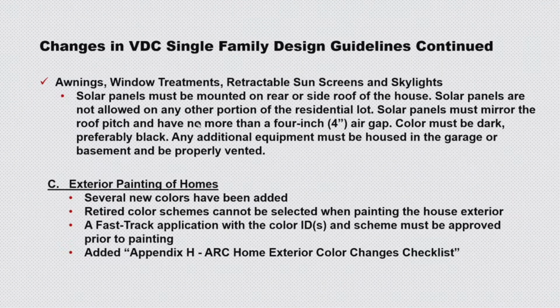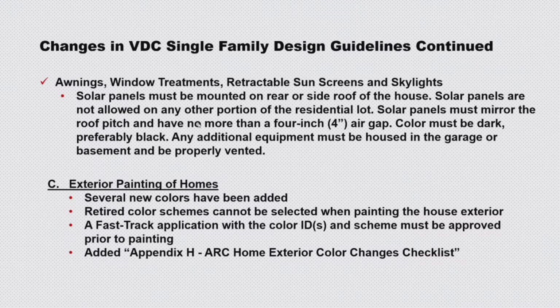Awnings, window treatments, retractable sunscreens, and skylights. Solar panels were stuck in here because solar skylights were already there. But solar panels are now allowed. They must be mounted on the rear or side roof of the house. The panels are not allowed on any other portion of the residential lot.